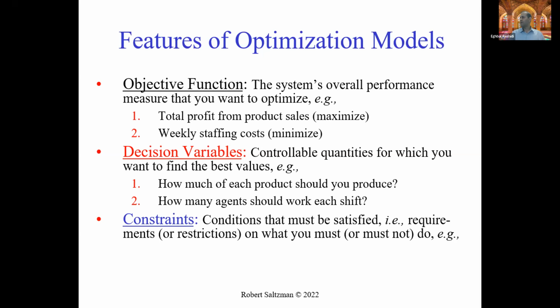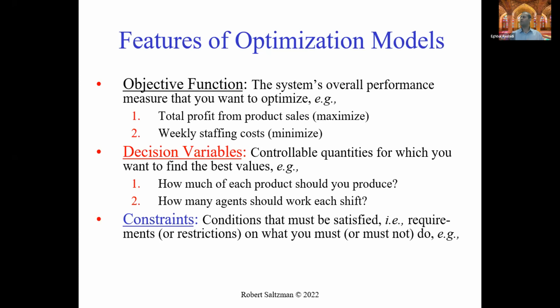The other component or feature of every optimization model is constraints. There is a type of optimization model that does not have constraints, but generally in this course, we have constraints. Constraints are conditions or limitations on our resources that impact our decision making, that we need to follow.